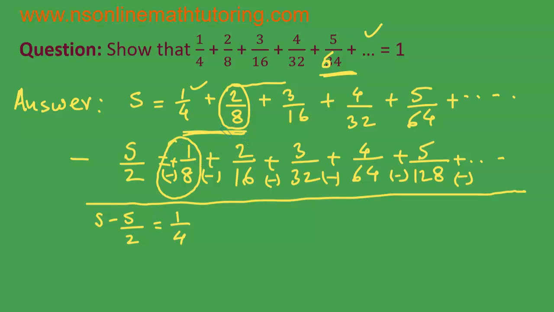So 2 over 8 minus 1 over 8 is equal to plus 1 over 8. Next, 3 over 16 and 2 over 16. 3 over 16 minus 2 over 16 is 1 over 16.